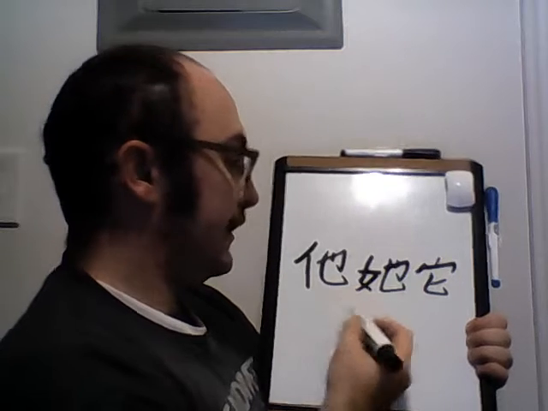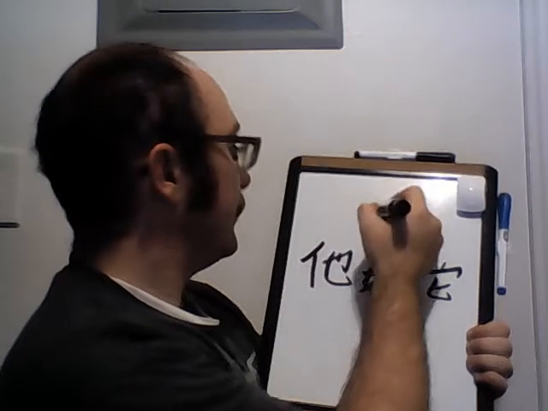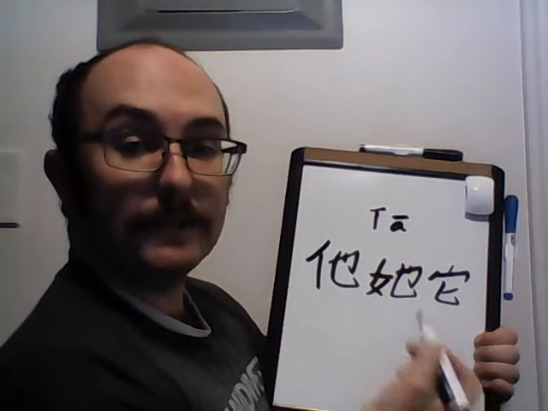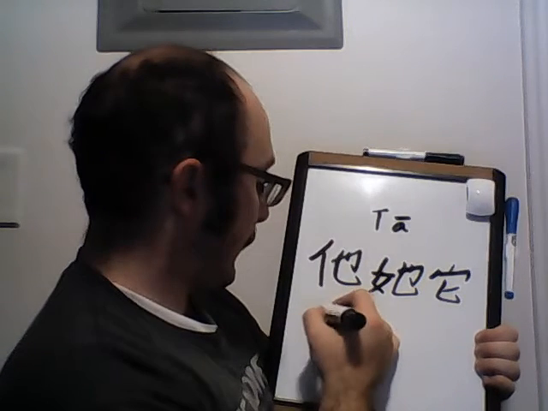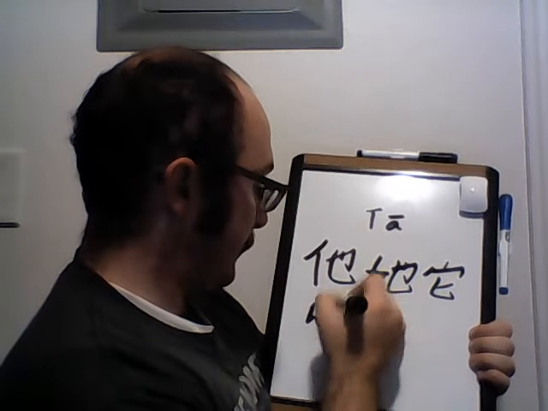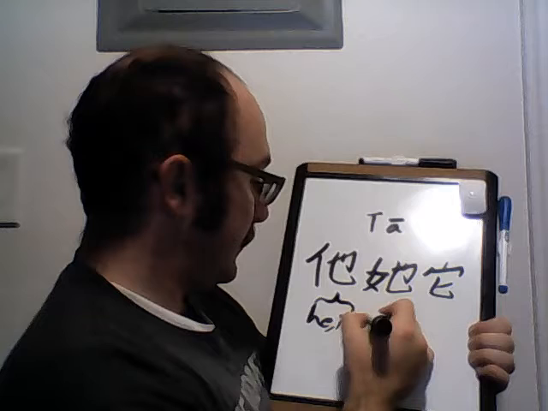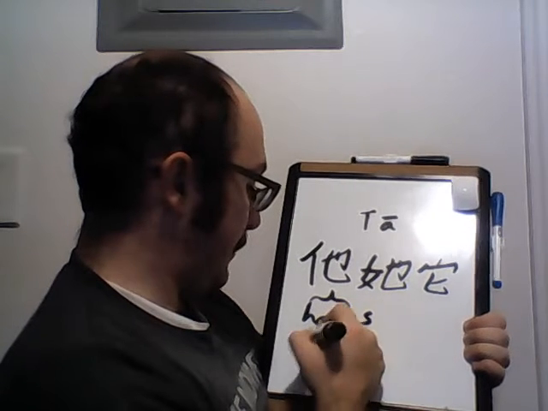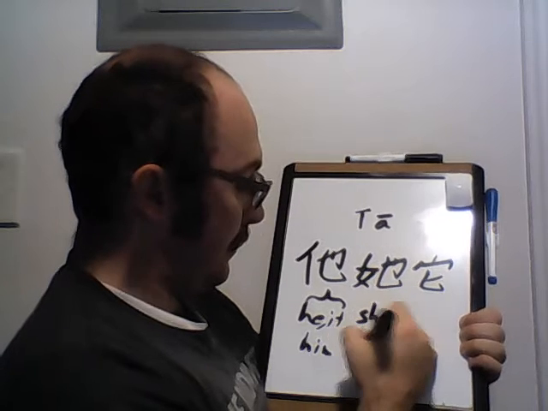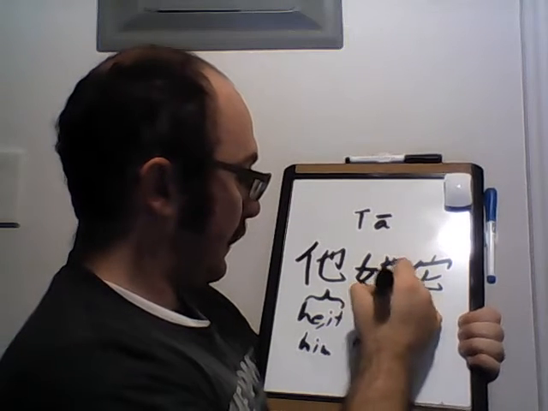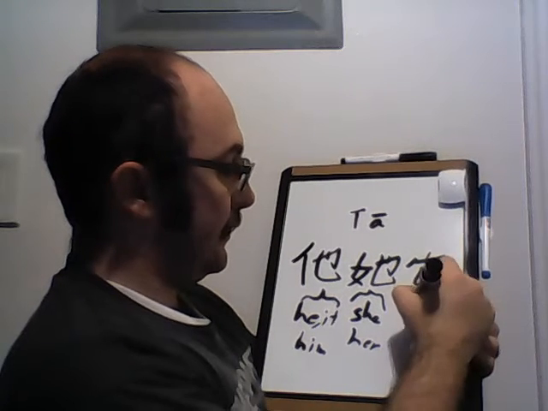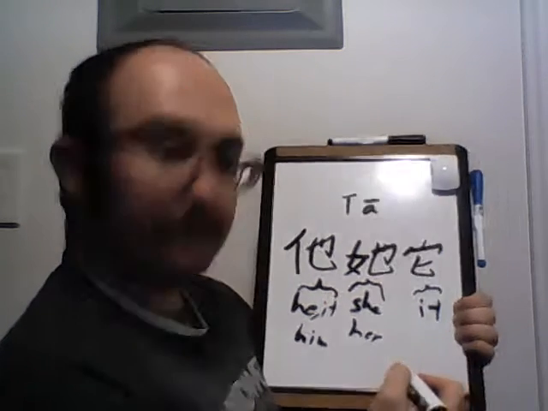Okay, so these are all pronounced ta, but they are he or it for this first one, or him, she or her for this one, and simply it for this one.